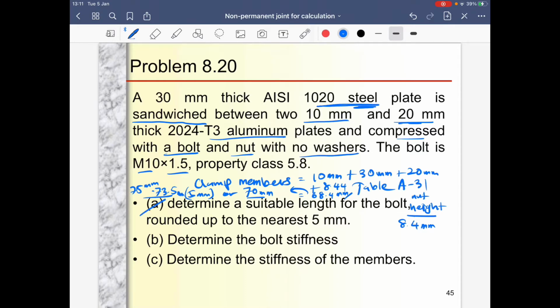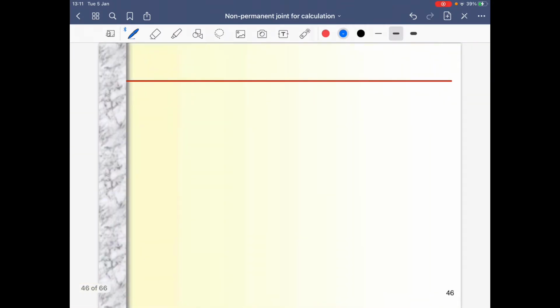How about B? So B is also quite straightforward, similar to the previous example that we did together. So determine bolt stiffness. You can refer to table 8.7, right? Under Table 8.7 there is fastener stiffness.